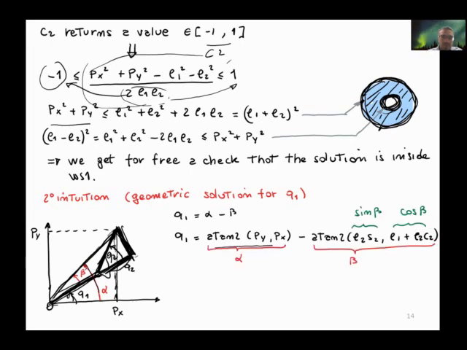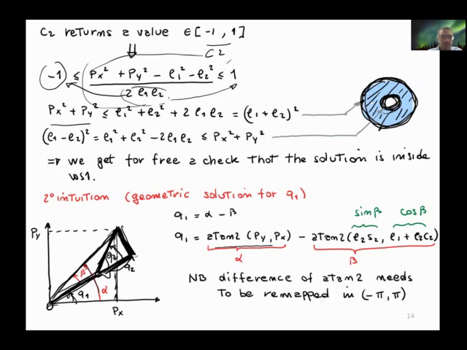And we need to take care in the code that the difference of these two atan2 is inside minus pi and pi, so we need to do some remapping. But that's the trick. So we found a way to compute the inverse kinematics.